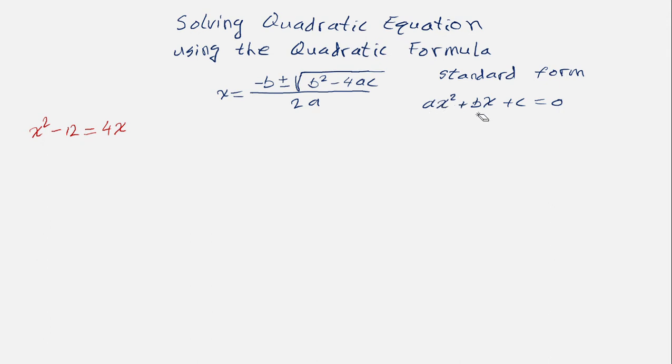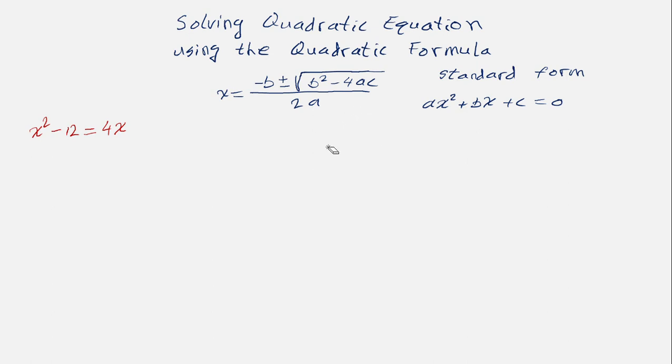Ax squared plus bx plus c, in which a is the coefficient on x squared, b is the coefficient on x, and then c is the constant. So standard form requires us to order our terms from highest degree to the lowest degree, so in descending order, right? So we have the squared term, then the linear term, then the constant.